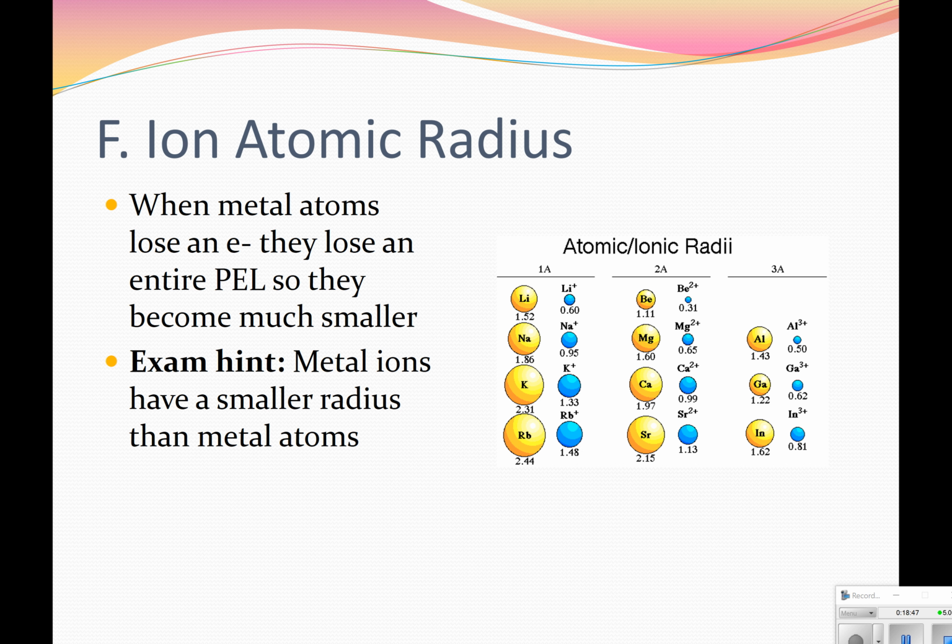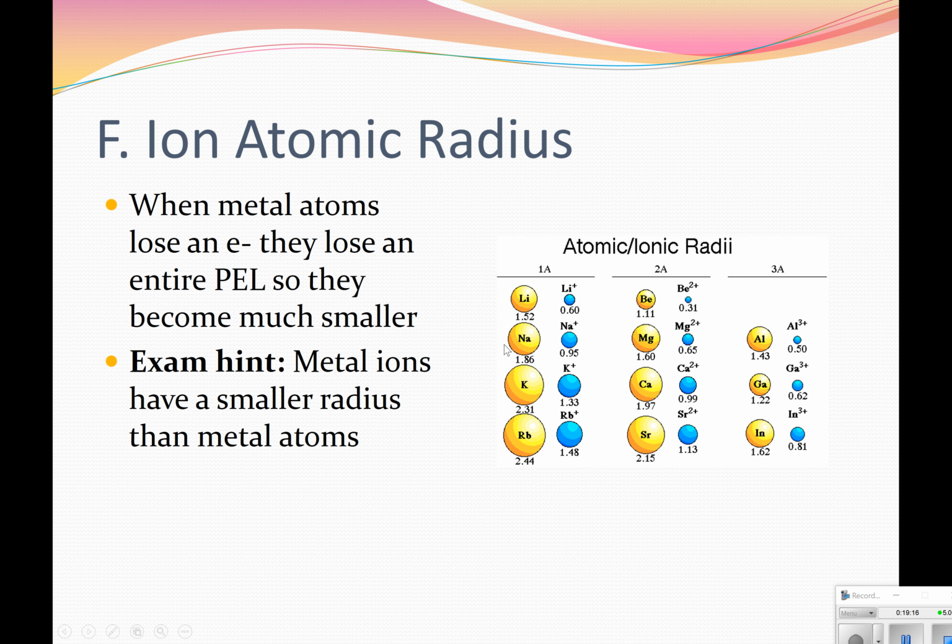Now, ionic radius is different than atomic radius. So ionic radius, depending if we gain or lose electrons, it's going to affect how large the atom is. So the ionic radius is going to be different than the atomic radius. Now when metal atoms lose an electron, they're trying to get to their full valence shell, but they generally lose the entire outer principal energy level, so they become much smaller.